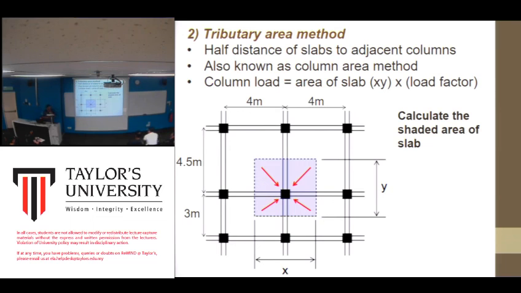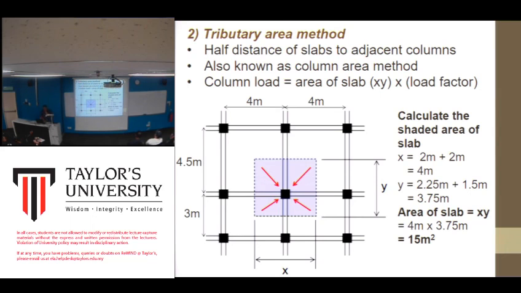Calculate the shaded area of the slab. In this case, this side is 2 meter, this is 2 meter, so x is 4 meter. Y is 2.25, no, 2.5. Yeah, this is wrong.